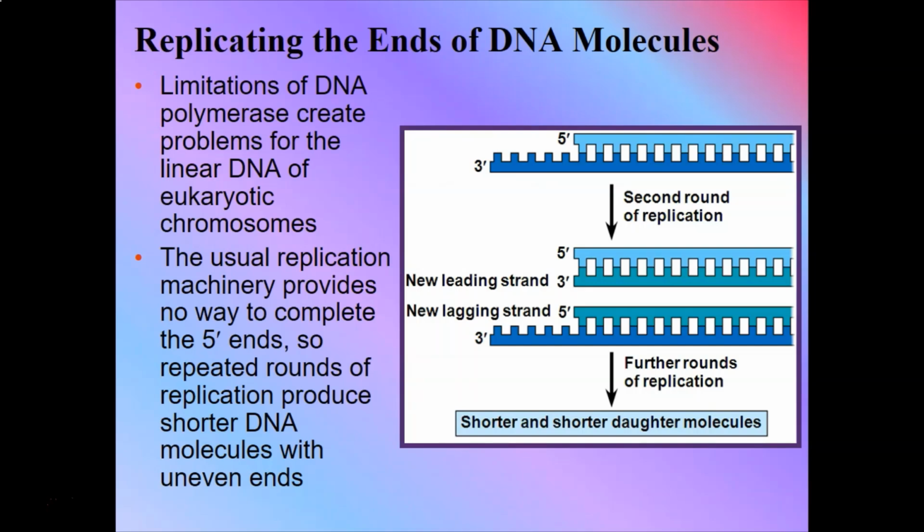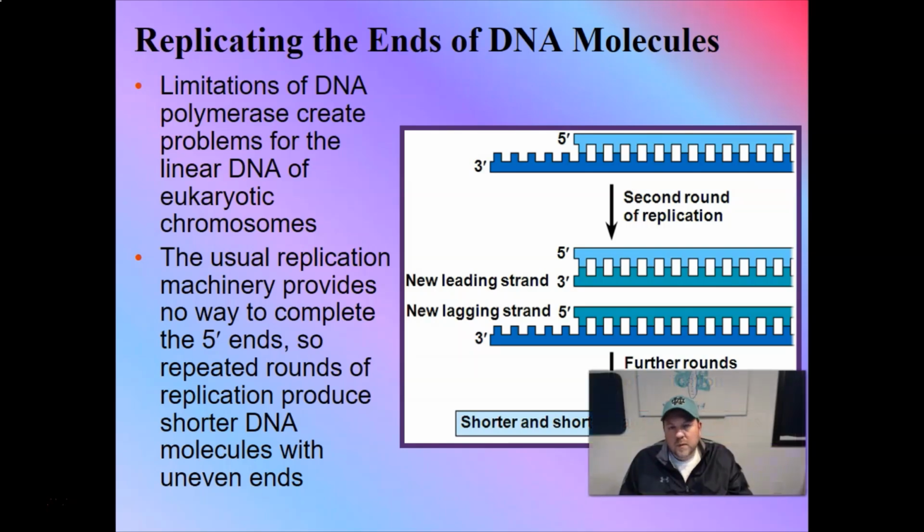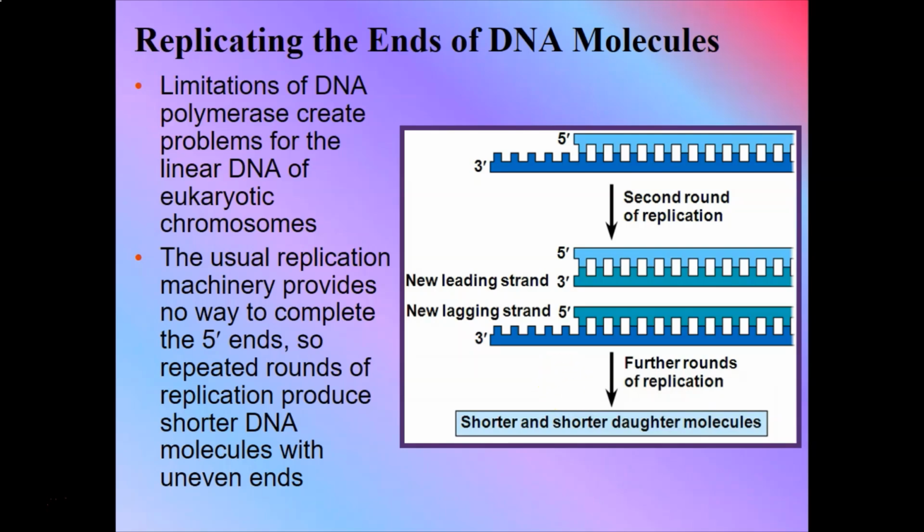Okay, and the last part here, replicating the ends of DNA molecules, and very similarly to when we talked before about Meselson and Stahl, that's tough for some kids with the radioactive nitrogen. You might have to go through this a couple times until it makes sense to you. But once you understand replication, this should click for you. What's happening here is polymerase, as you know, is limited for a couple different reasons.